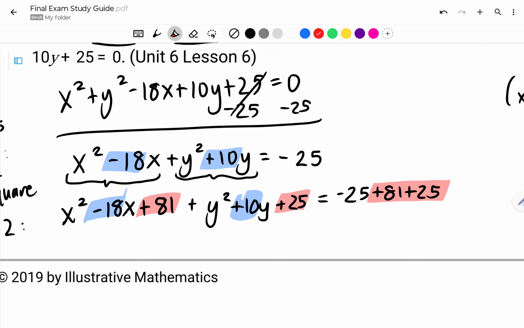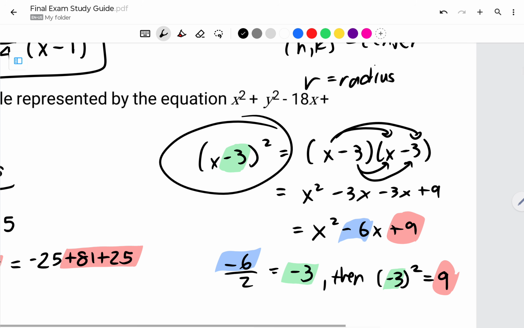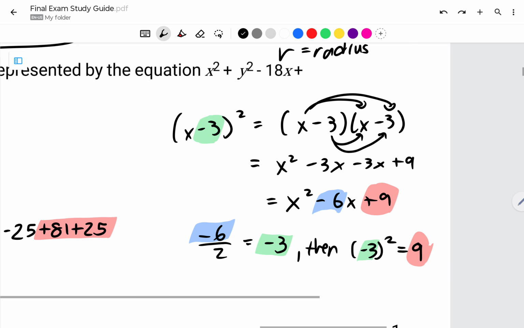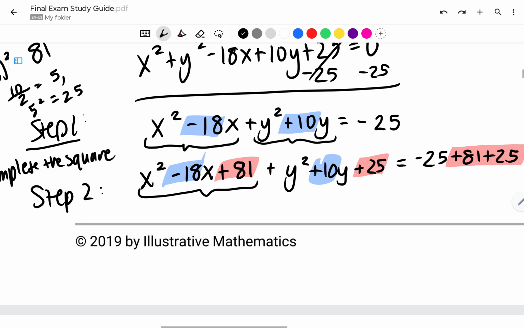And then now let's factor. Let's factor this into something that looks like this, right? And again, remember, negative 6 divided by 2 got negative 3, and that negative 3 was here. And then you take that same negative 3, and it turns into 9. Right? So how do I factor this?